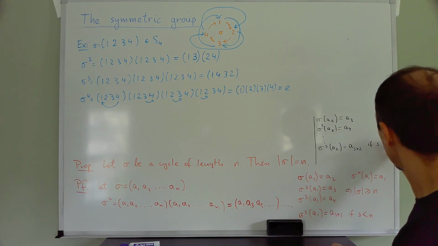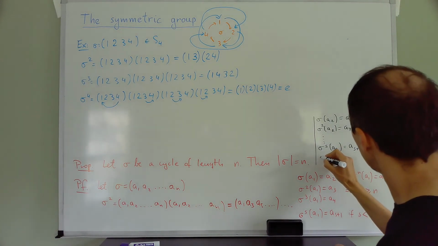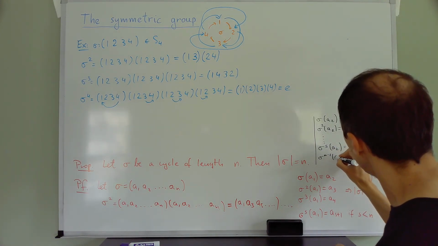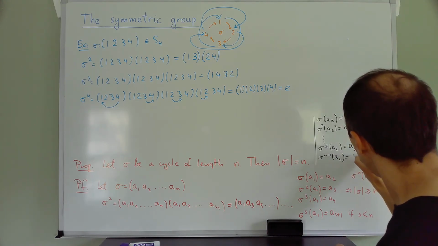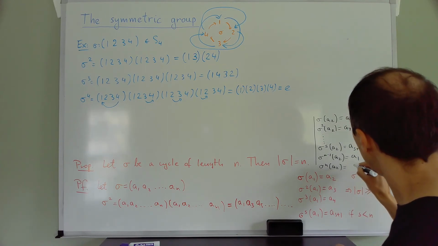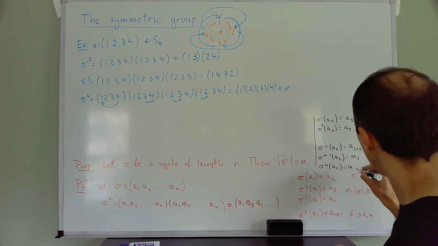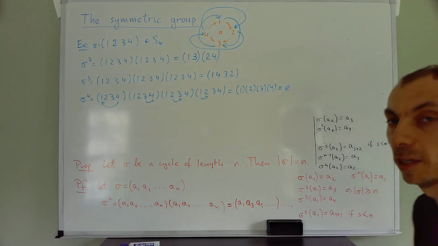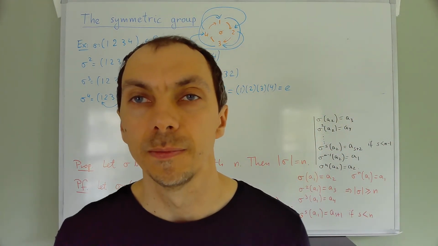So if s is less than n minus 1, then what happens if I apply sigma n minus 1 to a2? Well, I get a1, and then sigma n of a2 is equal to a2. So again, you go back to the original element.